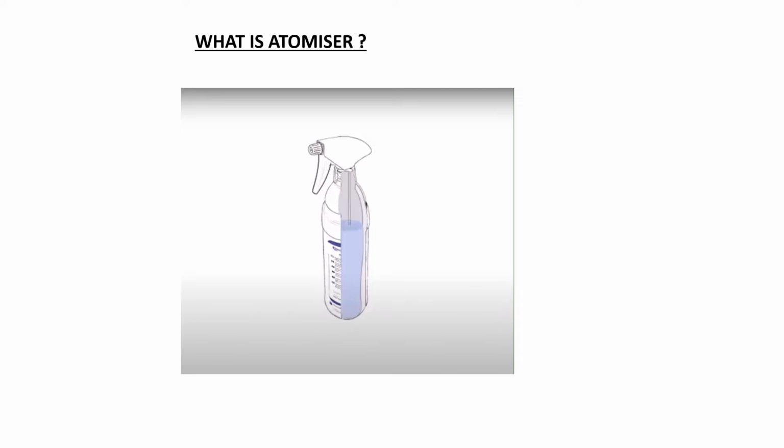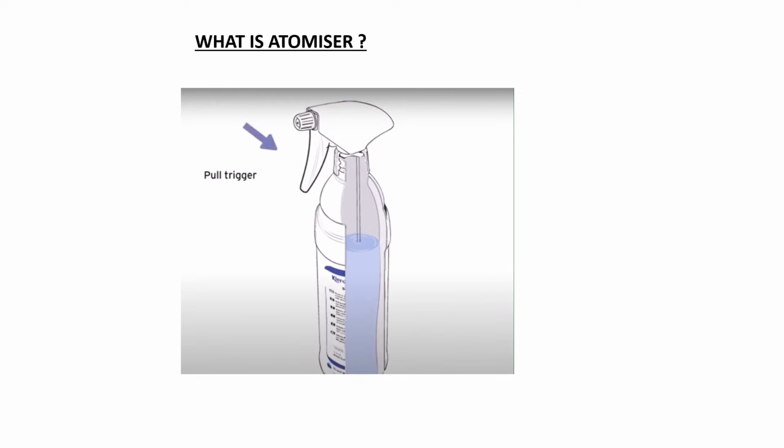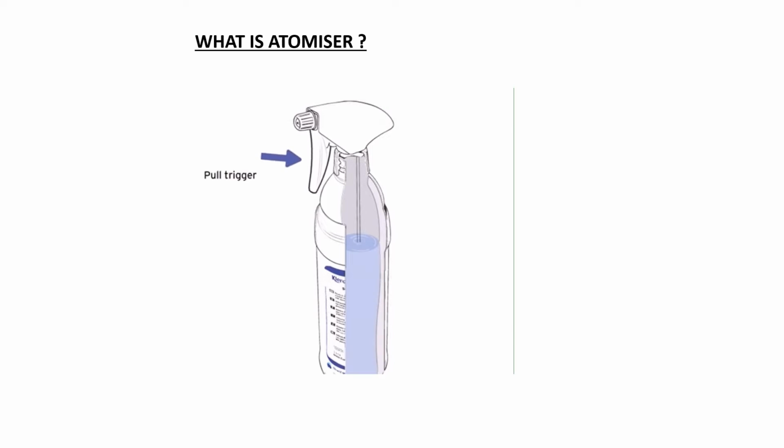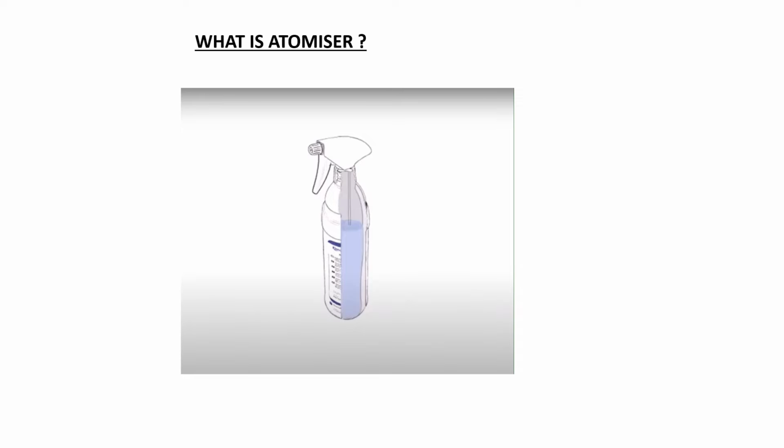As we can see, there is a pipe in this atomizer, and this pipe takes water, and there are some phenomena of the fluid behind this, and that's what we are going to learn: how this phenomenon makes the water lift up, and this lifting up sprays the water in small droplets like atoms.